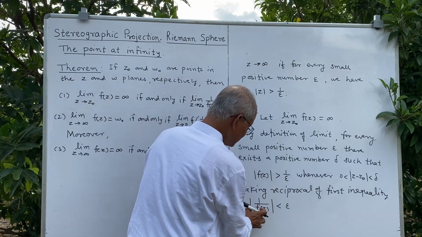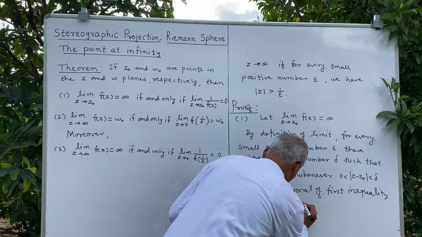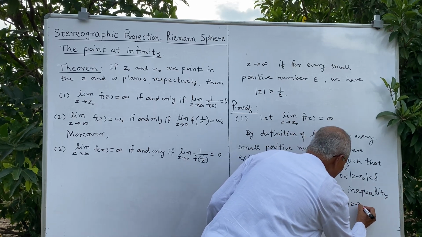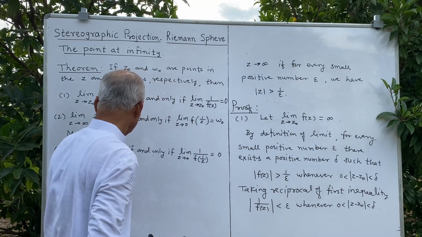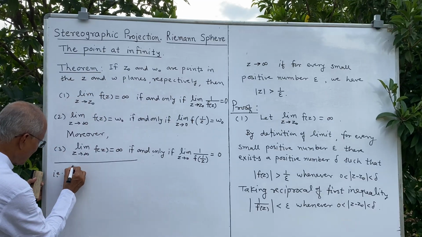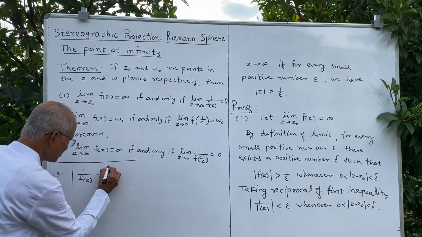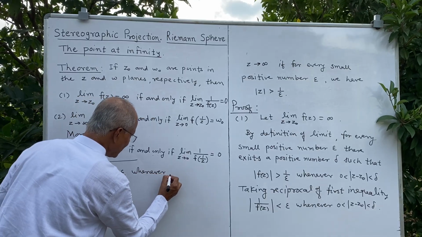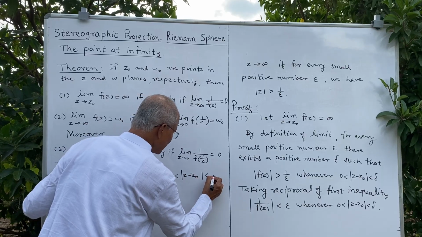So this implies this one, and this condition we keep as it is, whenever 0 is less than mod z minus z naught is less than delta. Further, we can write this as the absolute value of 1 upon f of z minus 0 is less than epsilon whenever 0 is less than mod z minus z naught is less than delta.